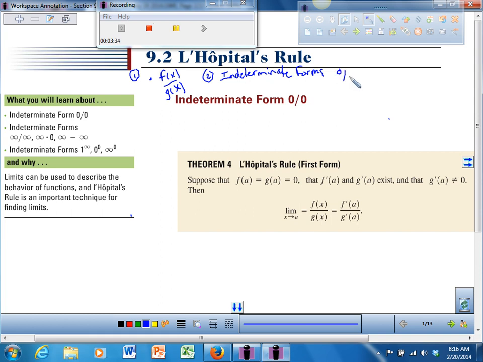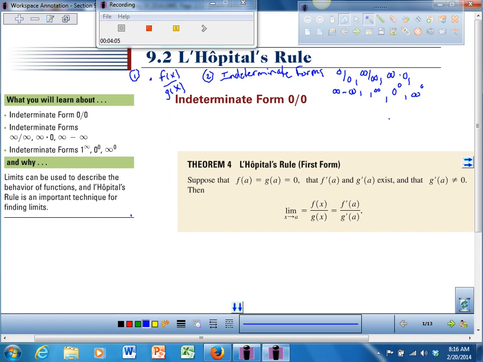Which are 0 over 0, and we have them listed over here, infinity over infinity, infinity times 0, infinity minus infinity, one to the infinity, 0 to the 0, and infinity to the 0. There are a few others, but these are the most common ones that we'll run into. All right, so let's look at these first.